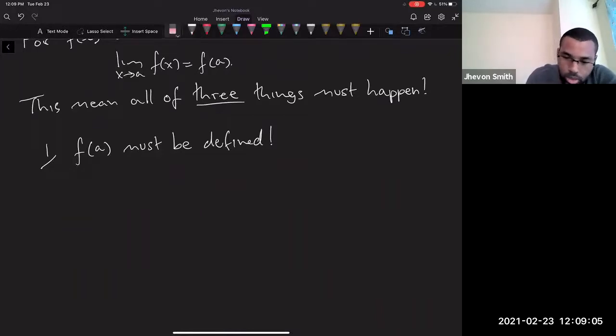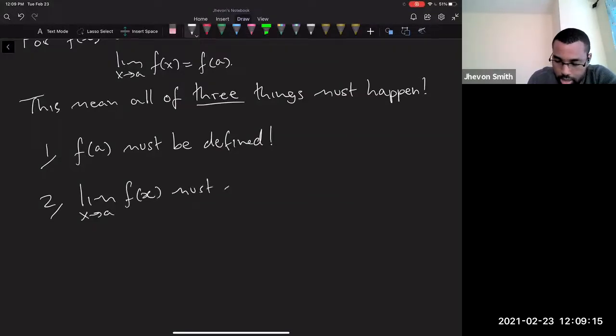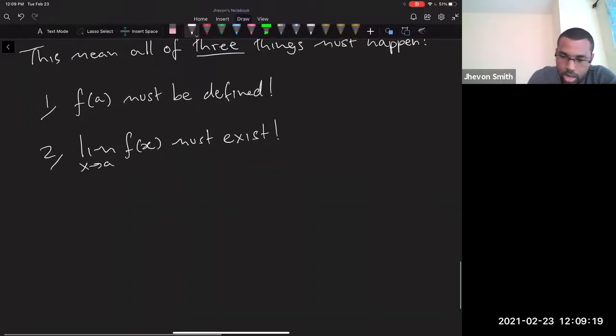Two, the limit as x approaches a of f of x must exist. In particular, you may have to check the one-sided limits.